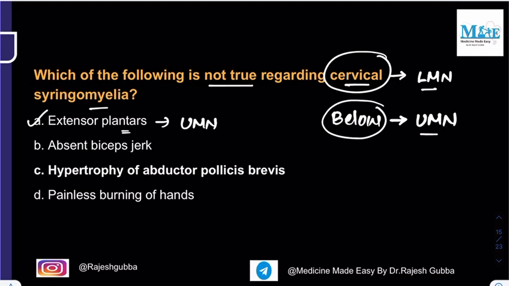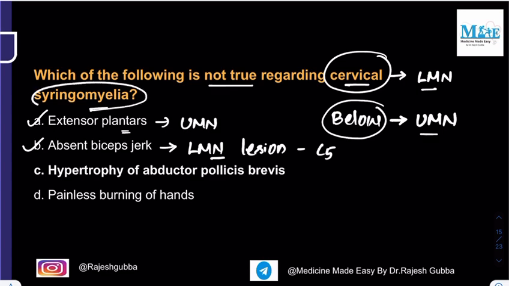And what about the absent biceps jerk? Yes, even this also will be there in case of cervical syringomyelia, because for absent biceps jerk, the individual should be having the lower motor neuron lesion. And in cervical syringomyelia, there can be pathology at the level of C5. So absent biceps jerk can be there. And the characteristic feature of syringomyelia is the painless burning of the hand.